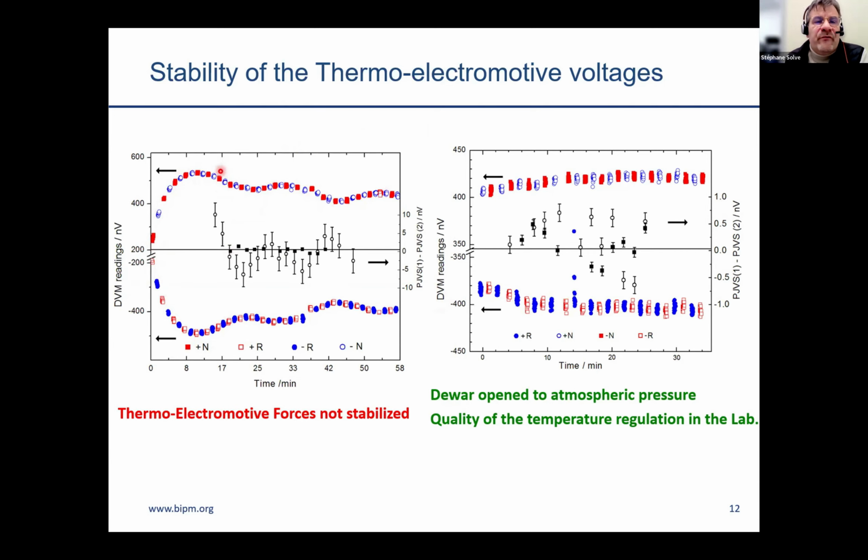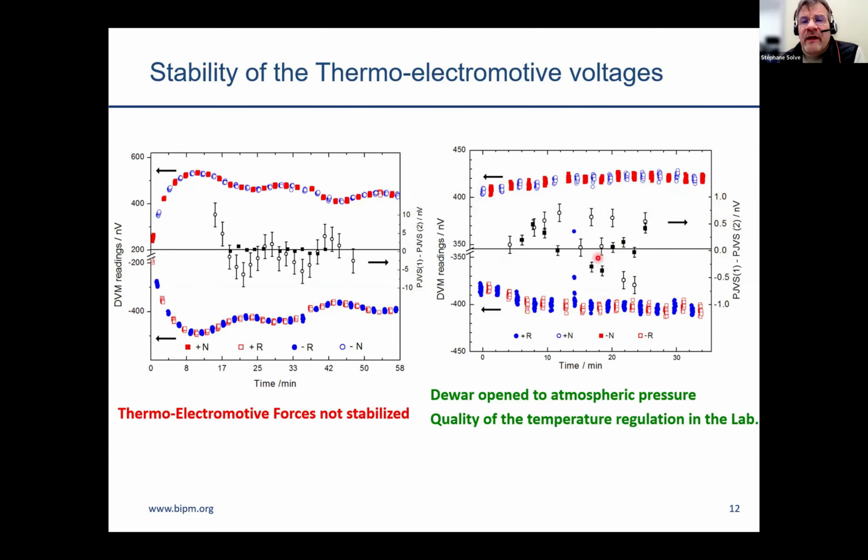And if you calculate the voltage difference from these readings, you will see that the results are oscillating as well, of course, and the span of the result in this case is between -10 and +10 nanovolts. Once you reach stable thermoelectromotive forces, there is only a kind of linear drift of the forces, and the voltage difference between the two arrays now ranges between -1 and +1 nanovolts.